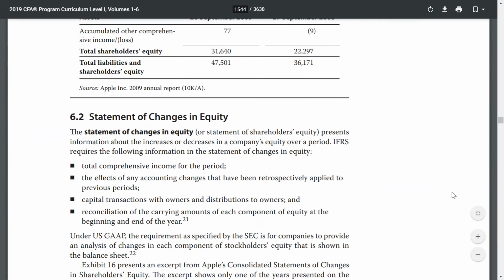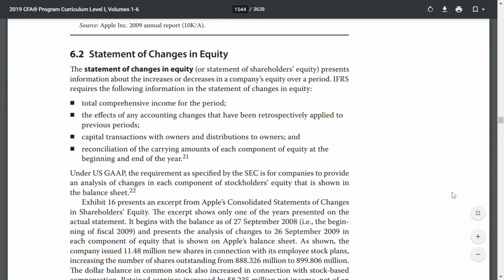Statement of changes in equity. The statement of changes in equity, or the statement of shareholders' equity, presents information about the increase or decrease in a company's equity over a period. It includes total comprehensive income for the period, the effects of changes in accounting policies in the previous periods, capital transactions with owners and distributions to owners, and reconciliation of the carrying amount of each component of equity at the beginning and end of the year.